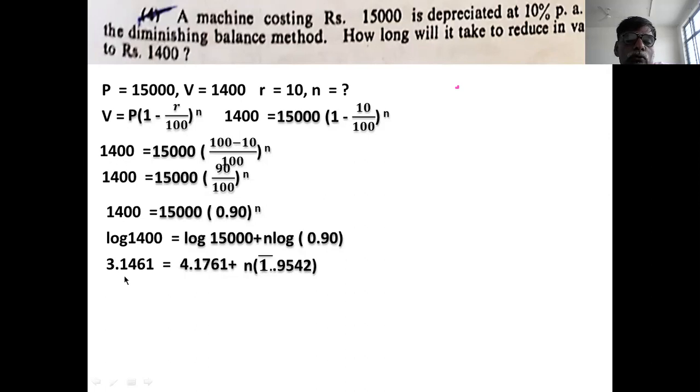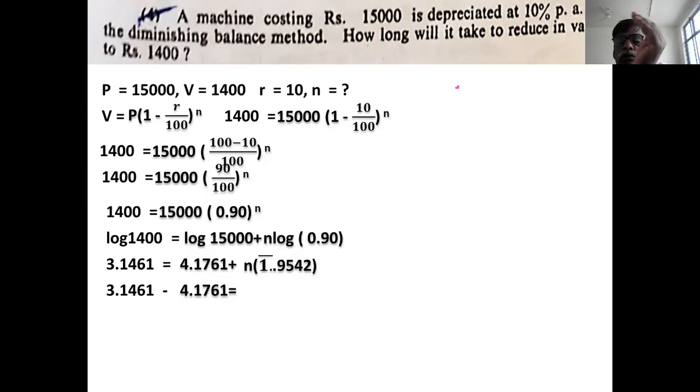If you take the next step, 4.1761, you take that side. 3.1461 minus 4.1761.